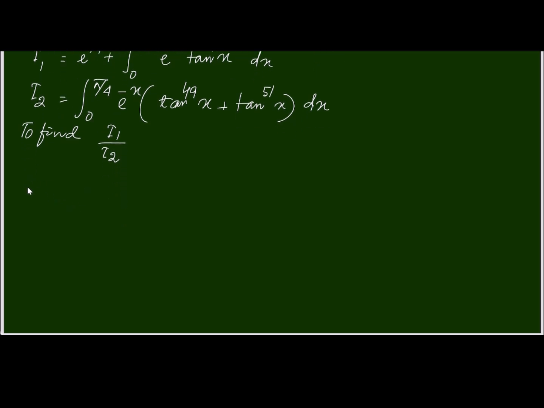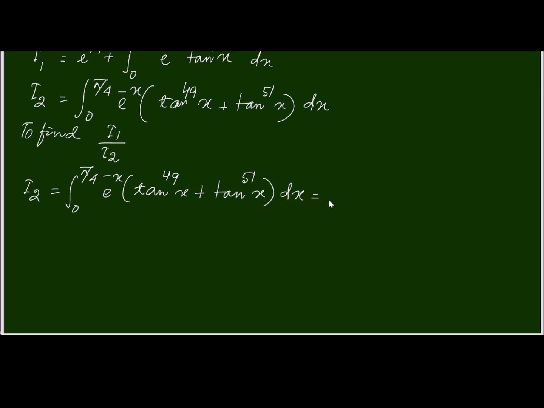So I am taking I2 equals the integral from 0 to pi by 4 of e to the power minus x tan to the power 49x plus tan to the power 51x.